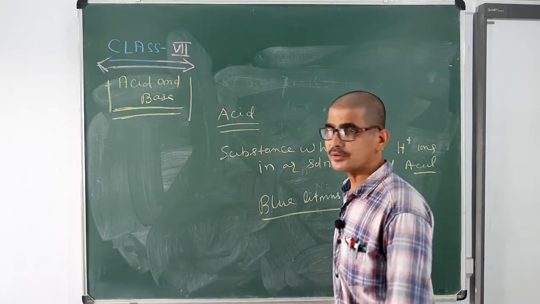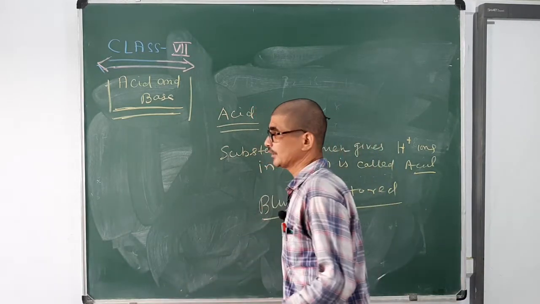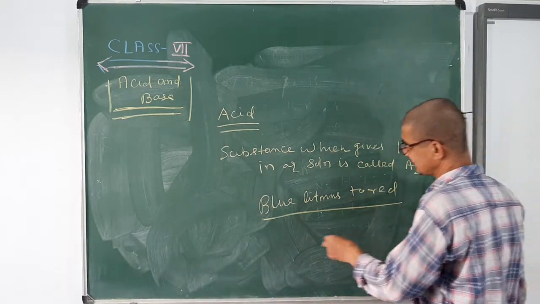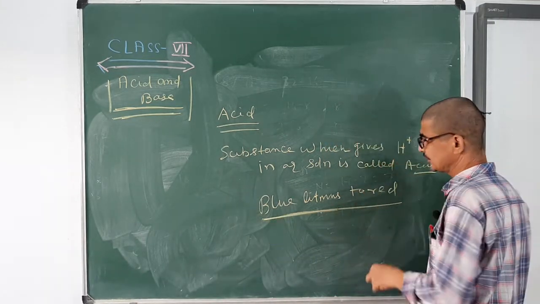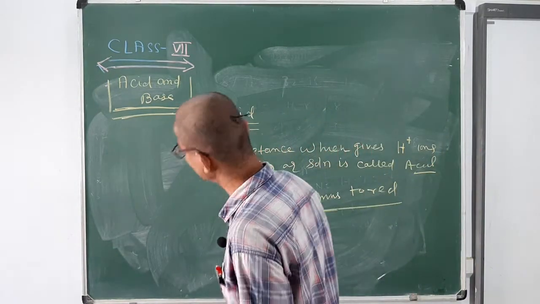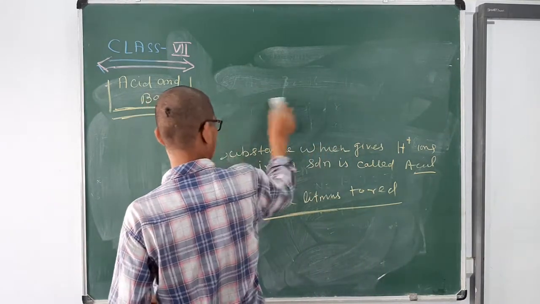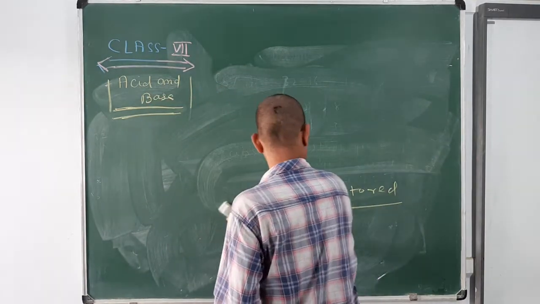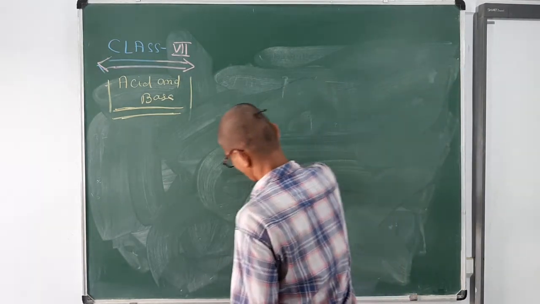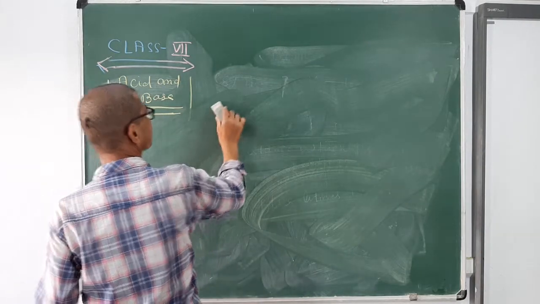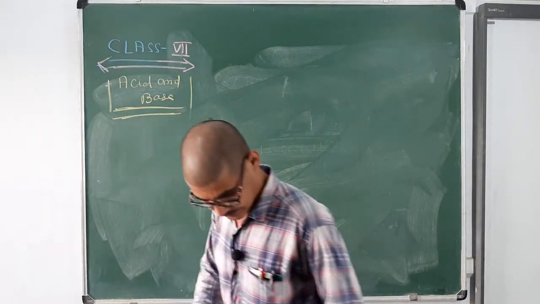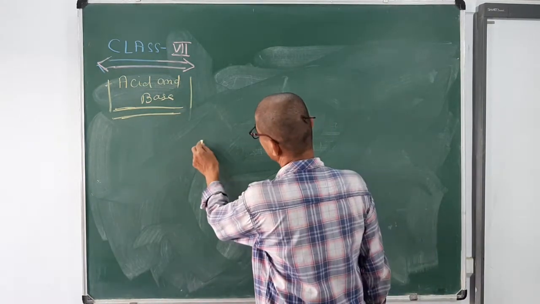Litmus paper contains a plant product, and its name is lichen.